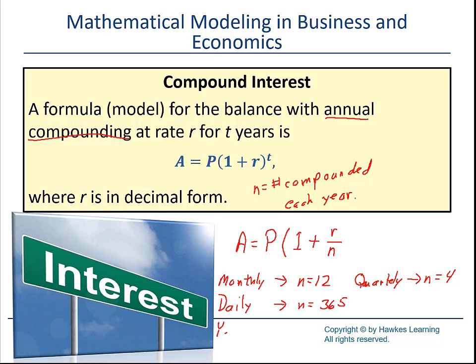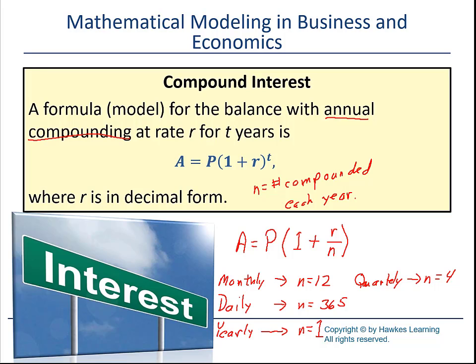Remember, by default it's compounded yearly, that's annually, and n is 1. n equals 1 means that this formula starts looking like the one above.